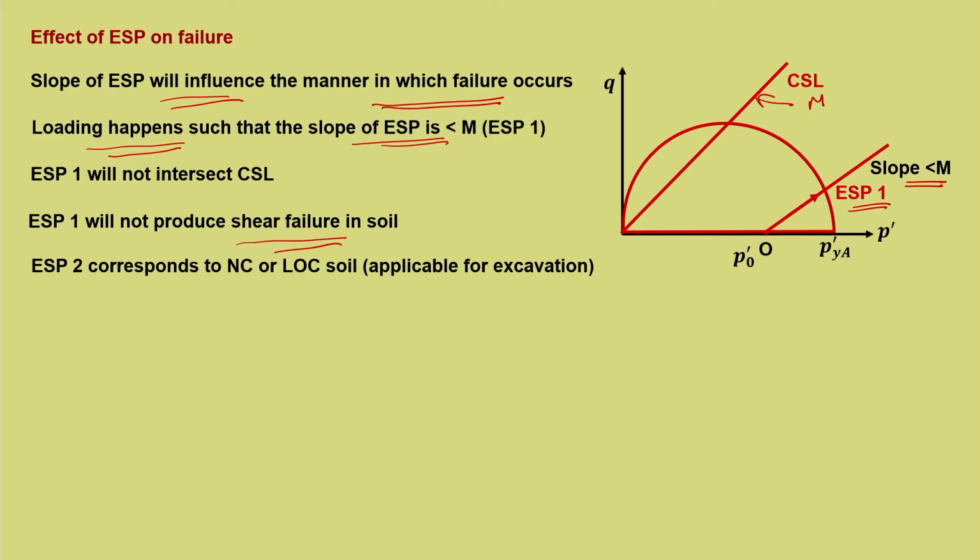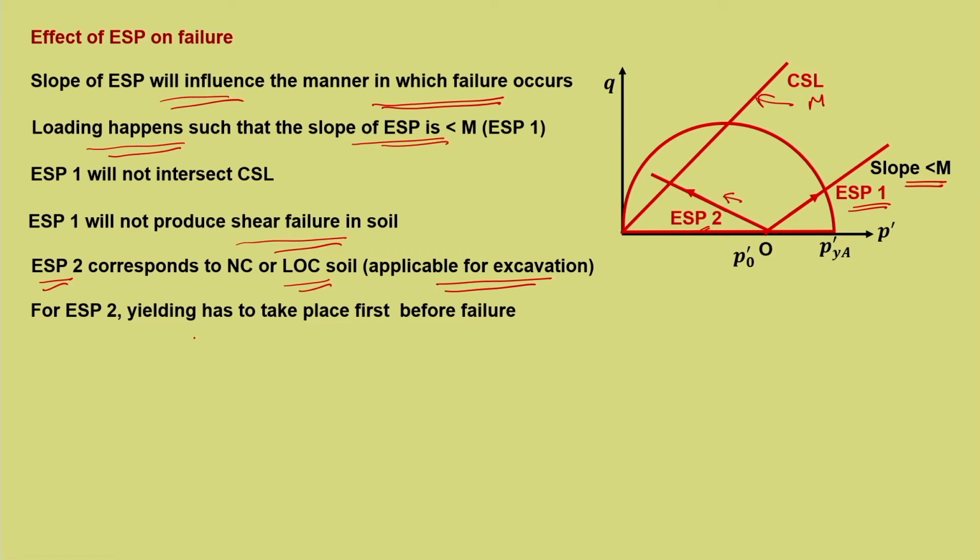Again, the starting point is same, and ESP2, which corresponds to NC or LOC soil, which is mostly applicable for excavation. So, this is the way in which the ESP2 is progressing. There is a loading such that ESP2 takes this particular slope. Now, this is a typical case of excavation.